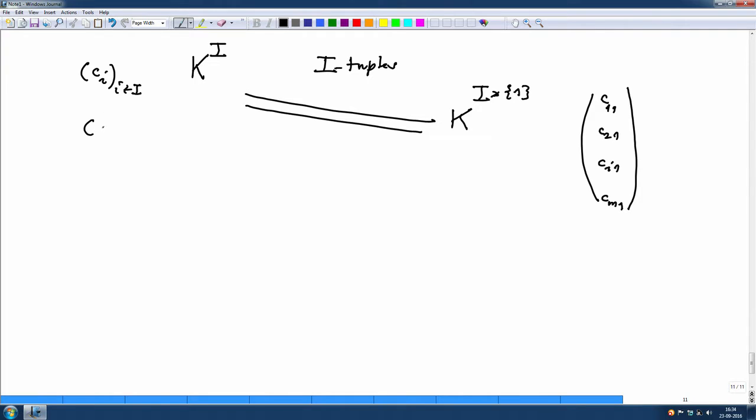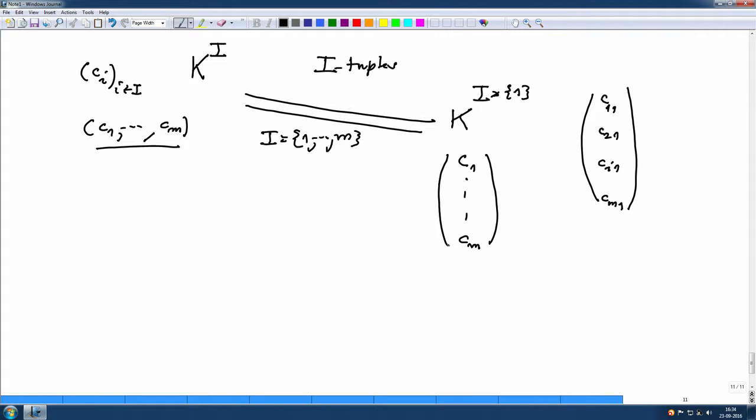Instead of writing C_1 to C_m when i is 1 to m, I would write elements of this as columns. This extra dummy index is just to say that these are columns. So, elements of this I will think of as columns.